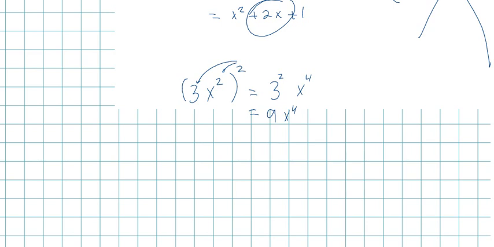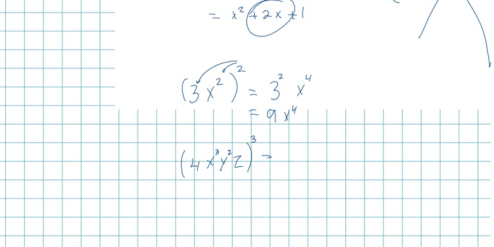So, I'm going to give you another one. If I have 4x, 3y, 2z to the power of 3, what do I get? I need someone. What happens to the 4? 4 to the power of 3.